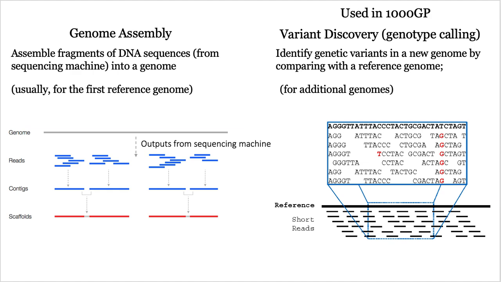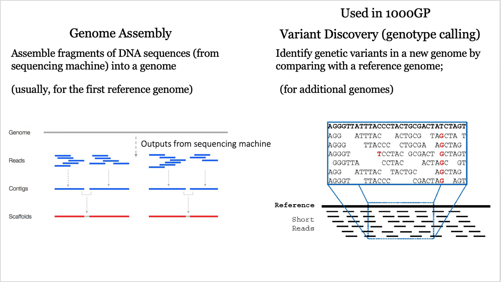No matter what kind of sequencing you do, whole genome sequencing, exome sequencing or targeted sequencing, after you get the fragments, you compare them to the reference and find the positions that are different. This process is known as variant discovery or genotype calling, basically trying to call the genotype for the new sample.